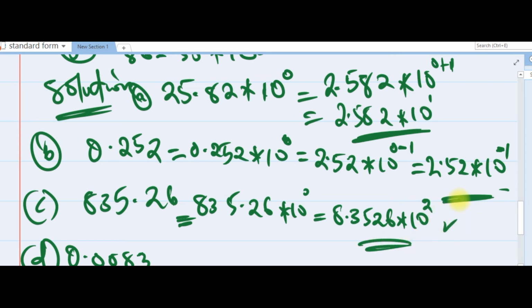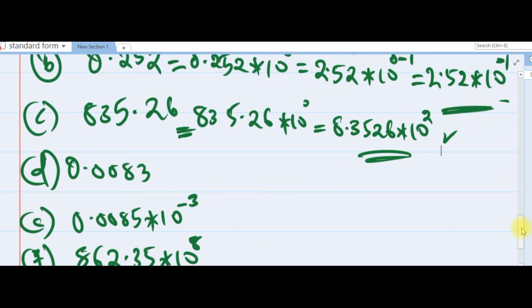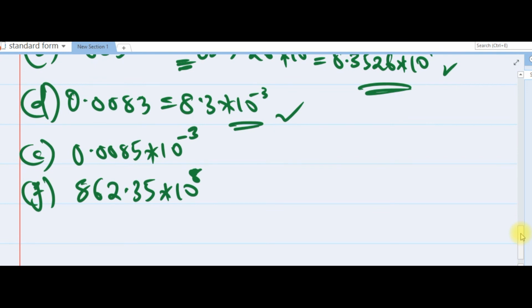It's very simple: if you are moving back, you add; if you move to the front, you subtract, depending on the number of places. So for the next one, 1, 2, 3, the answer is 8.3 times 10 raised to 0 minus 3. You don't need to waste your time, because 0 minus 3 is minus 3.